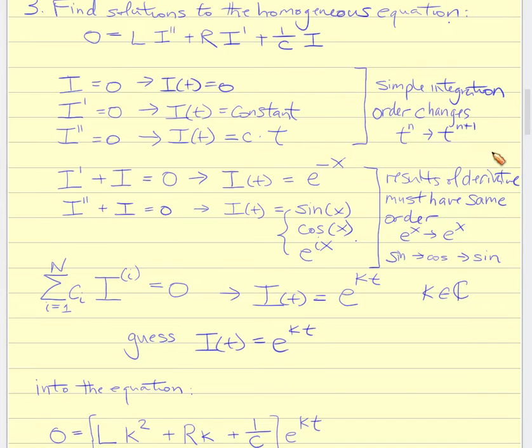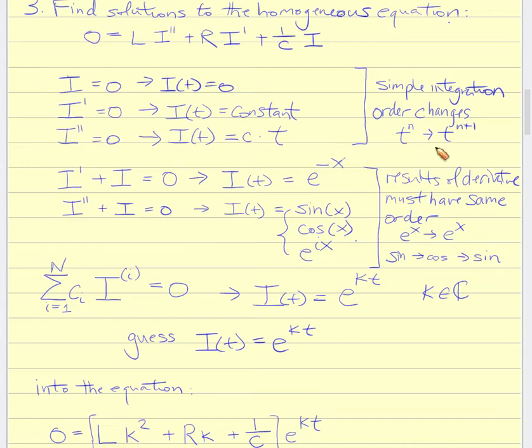So what we've got in our equation is several constants times different derivatives of I. We've got a second order derivative, a first order derivative, and the function itself. So in order for them to add up together to equal 0, that kind of means that they all have to cancel out somehow in the end. And in order to cancel out, we have to be dealing with things of the same type, of the same order, or the same flavor of function, right?